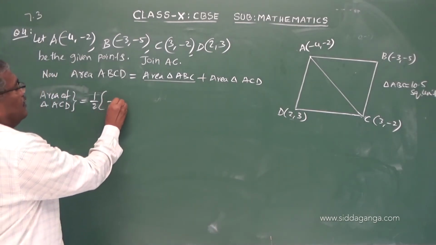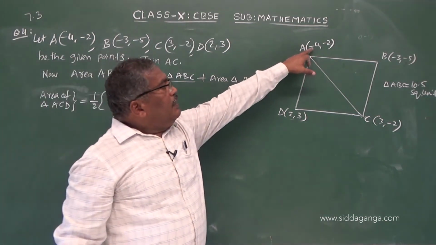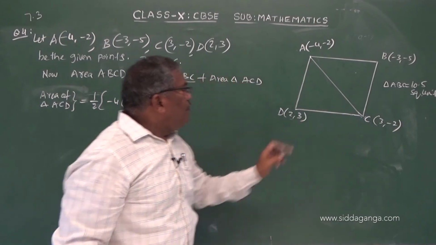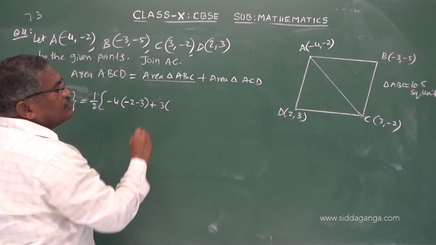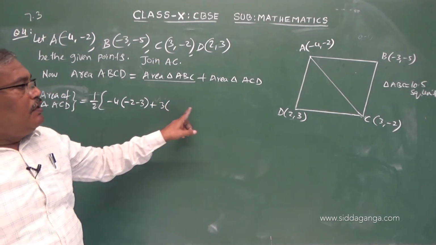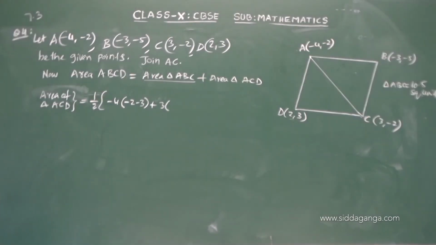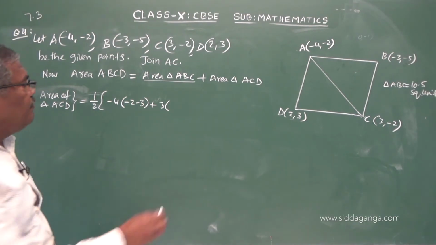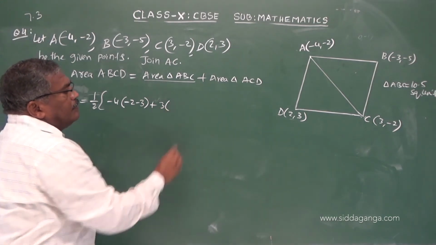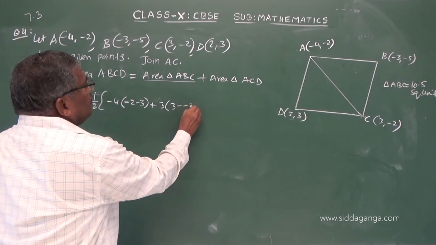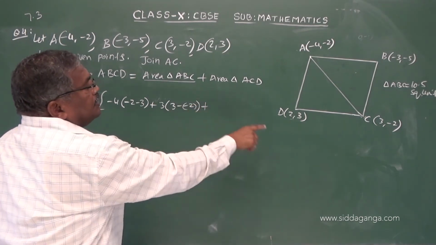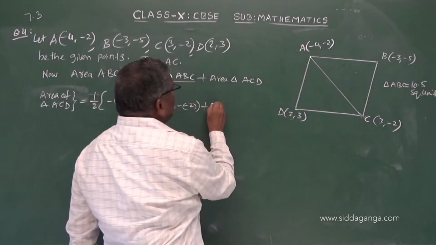So x1 is minus 4 into x1 into y2 minus y3, minus 2 minus 3, plus x2 into, that is 3 into, y3 minus y1, 3 minus of minus 2, plus x3, this is x1, x2, x3, x3 is 2.